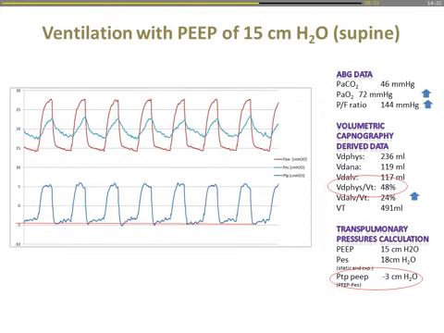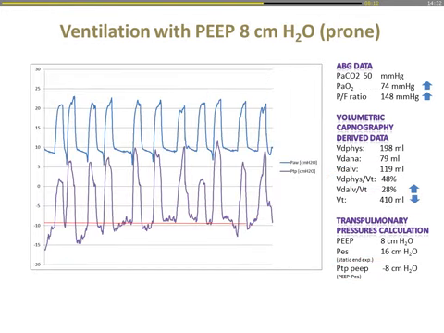We are still in supine, and as you can see, with an increase in the PEEP, there was recruitment, there was improvement of alveolar gas exchange, and there was a decrease in the negative value of the end-expiratory transpulmonary pressure.